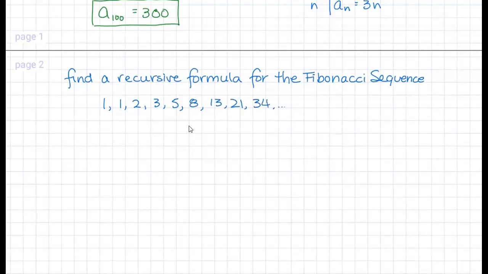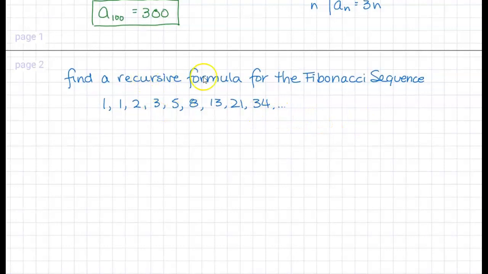If you tried to write an explicit rule, this one's really complicated. In fact, I can't remember what it is. You can Google it. It's not an easy thing to see. If I wanted to know what the 100th term of the Fibonacci sequence is, I'd have to go and do this pattern 100 times to find the 100th term. That would be really tedious.